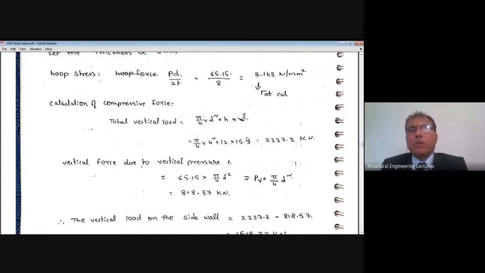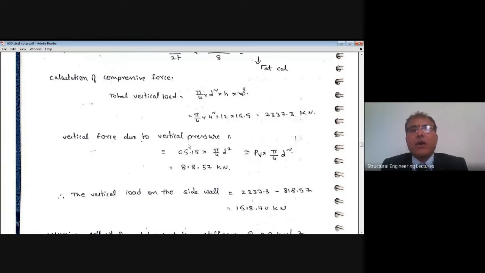Now substituting numeric values, I'll get pi by 4 multiplied by 4 square, 12, multiplied by 15.5, which is 2337.3 kilonewtons, the total vertical load due to the weight of the stored material.